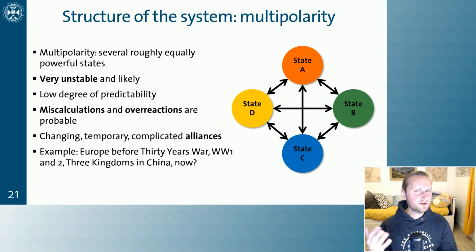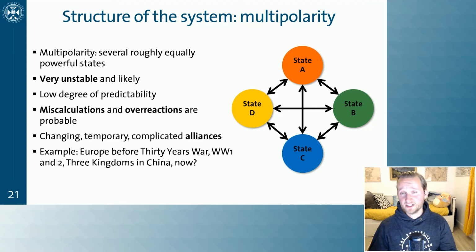So the best thing you can hope for even in a system like this is that you have varying alliances that sometimes come about, sometimes go away, of A versus B and C versus D, and A, B, and C, and so on.